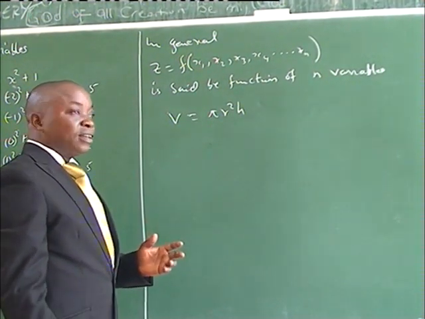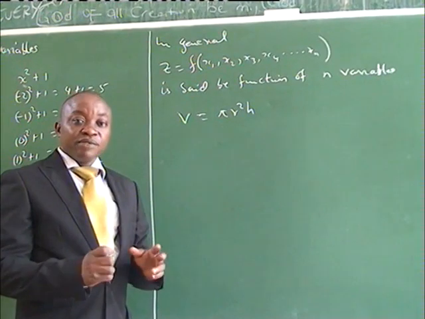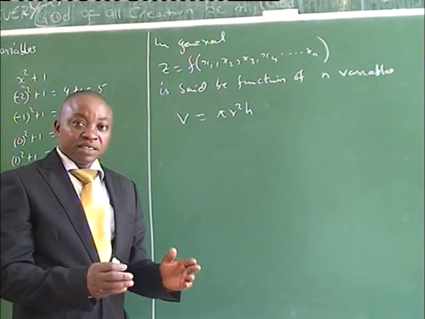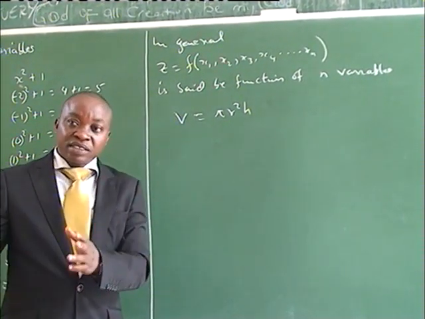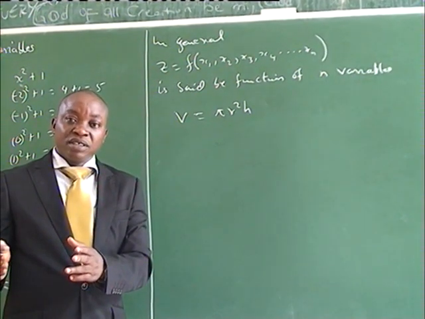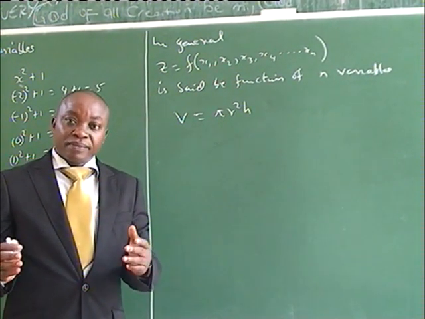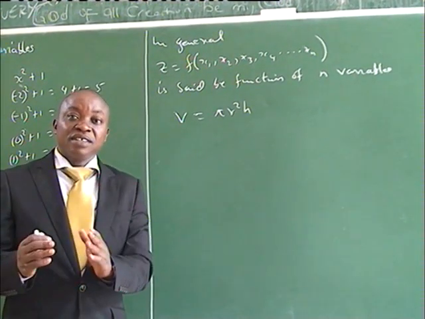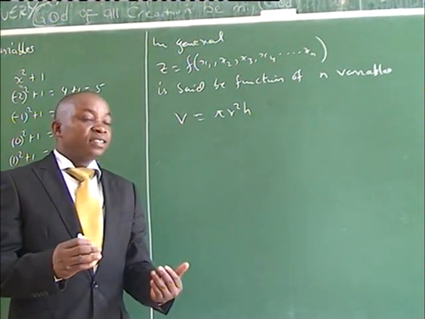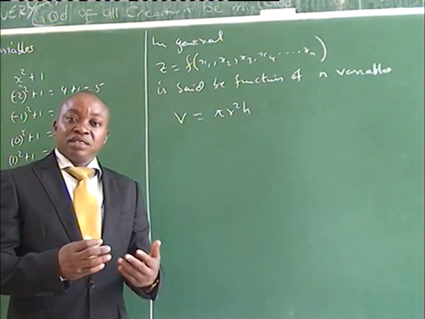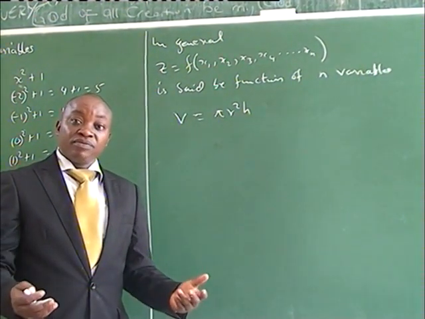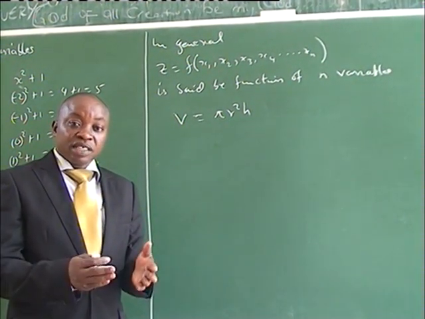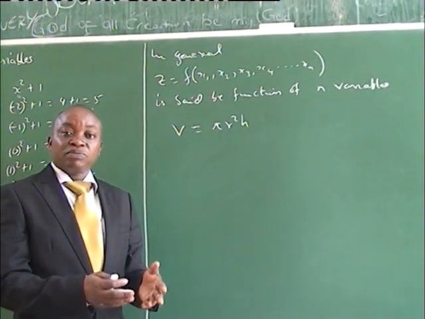So now if I bring a cylinder, the volume of that cylinder and the volume of another cylinder that I also bring will differ based on the radius that each cylinder has and the height. The bigger the cylinder, the bigger the volume. If it is a small cylinder, then the volume becomes small.